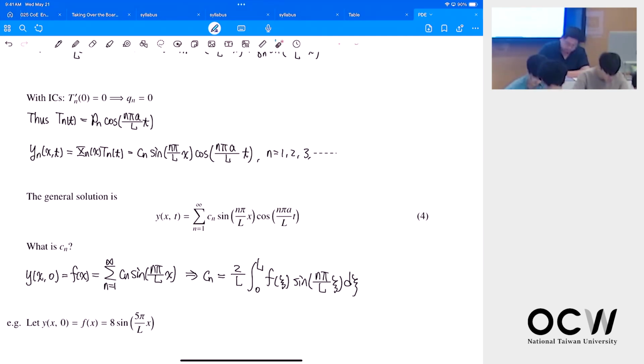For example, if f(x) is a sine function, we can check n is 5. So n is 5, and you can find out that Cn is 8.